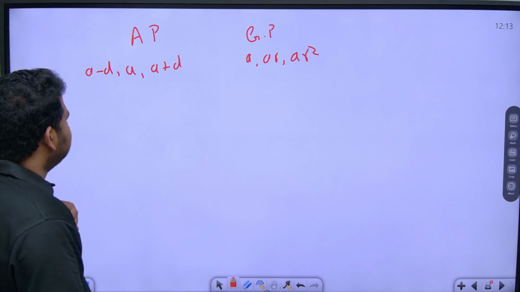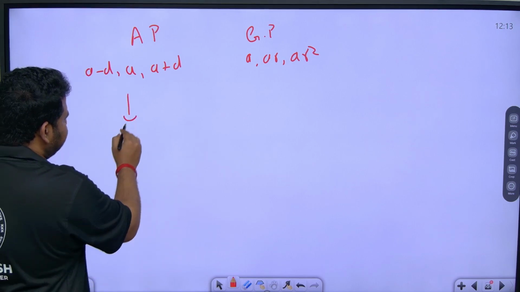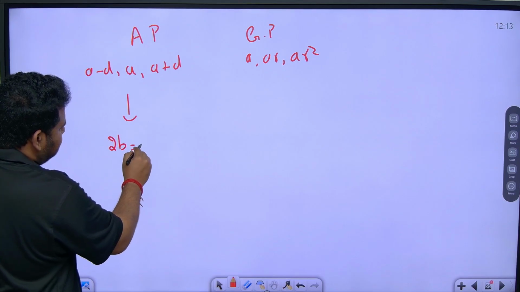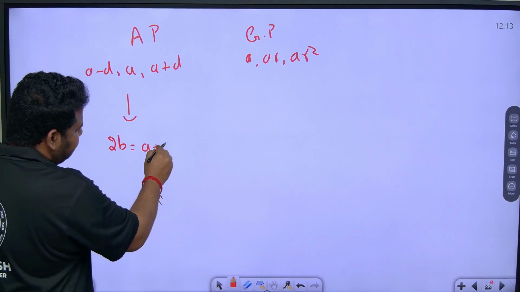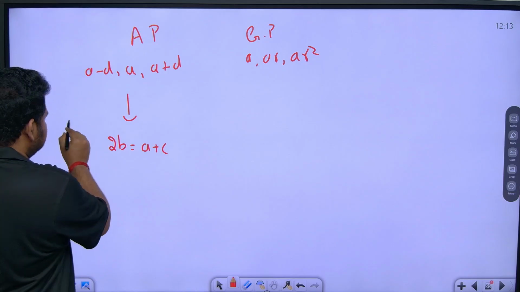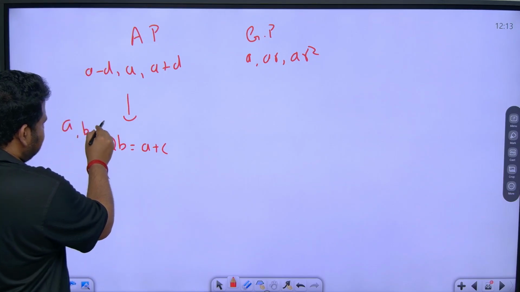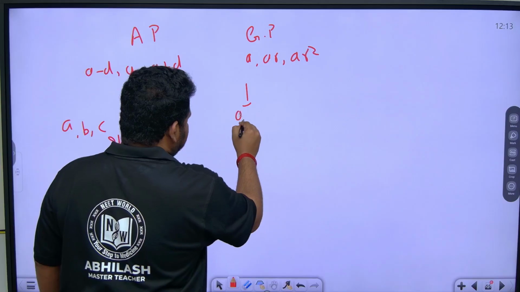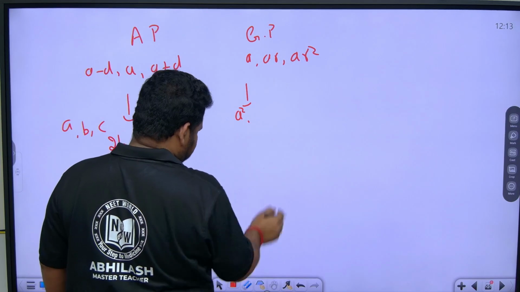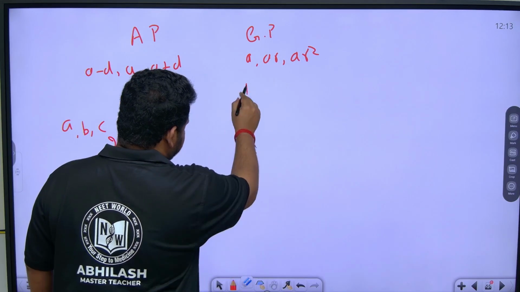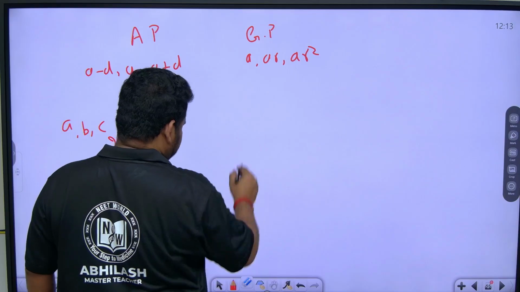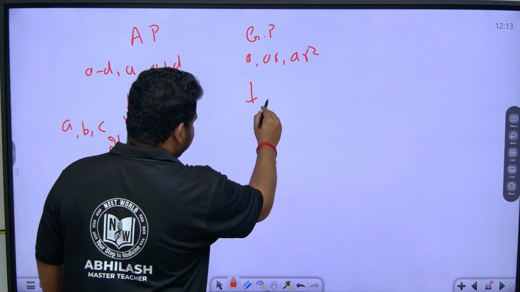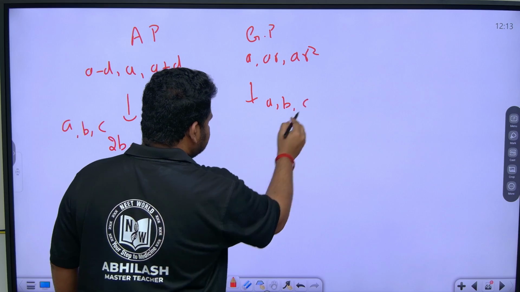So when we talk about AP, what is the condition of AP? If A, B, C are the three terms that are in AP, we take 2B is equal to A plus C. If A, B, C are in GP, what is the condition for GP?